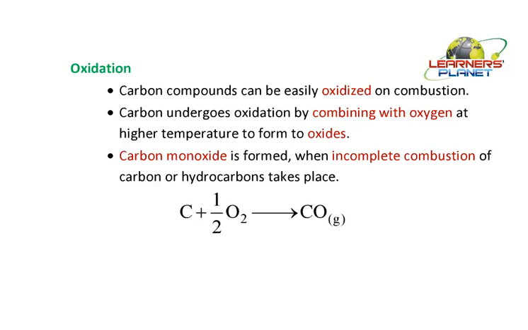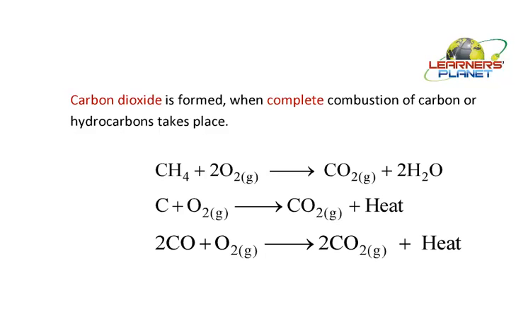Now students, what happens on complete combustion? When an ample amount of oxygen is present, carbon dioxide is formed when complete combustion of carbon or hydrocarbons takes place. Like a hydrocarbon, methane.